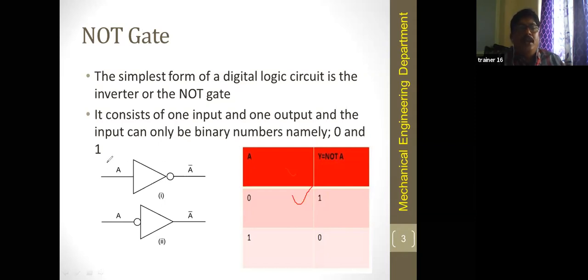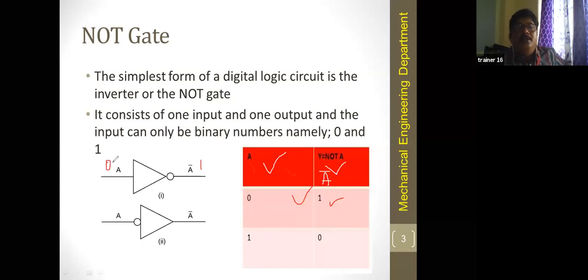Here in A, if you give 0, the output, the inverse of 0, A inverse, is 1. A is the input, and A dash, the A inverse, is the output.